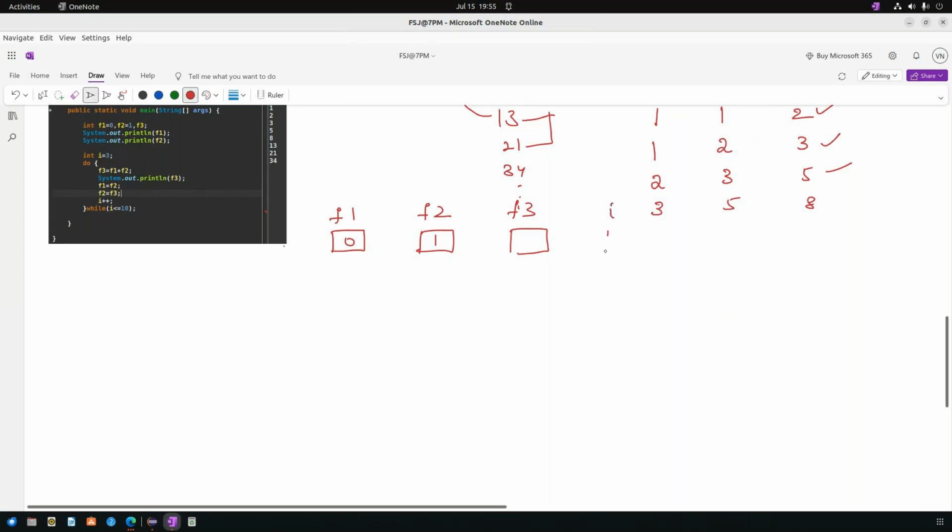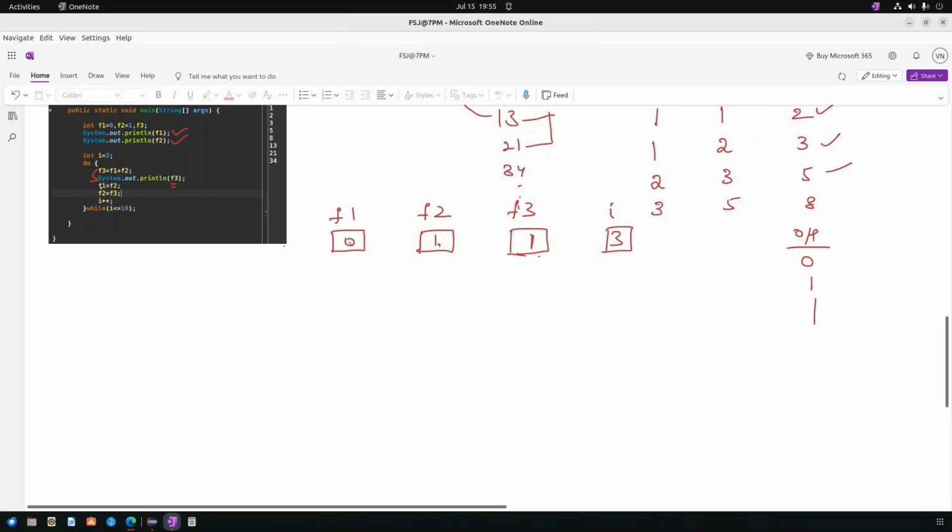So the I value is 3. Then I said F3 is equal to F1 plus F2, which means 0 plus 1, and this is going to be 1. Then next you need to print the F3 value. F3 value is 1. Already 0 and 1 are printed, so the next one printed is 1.